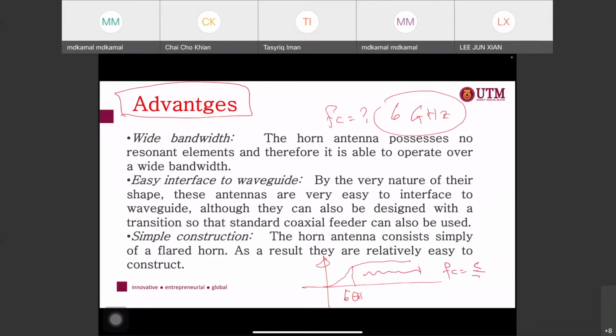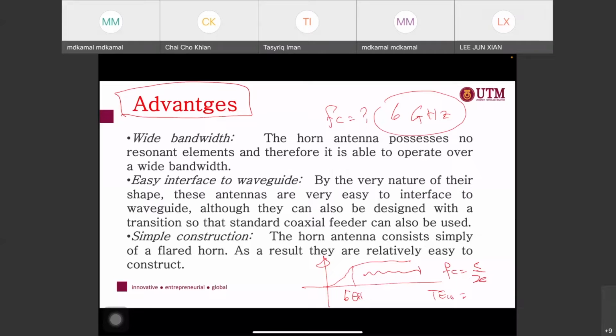So this one I took as a TE10. We know that this is the lowest frequency that can be propagated inside the waveguide. Let's say if you calculate the cutoff frequency as 6, then above 6 gigahertz the signal can propagate. Lower than that, the signal cannot propagate.